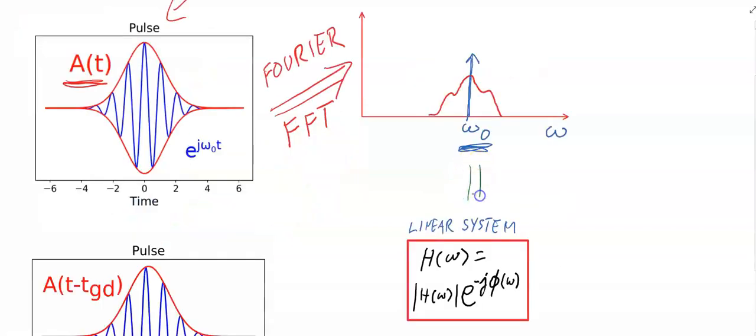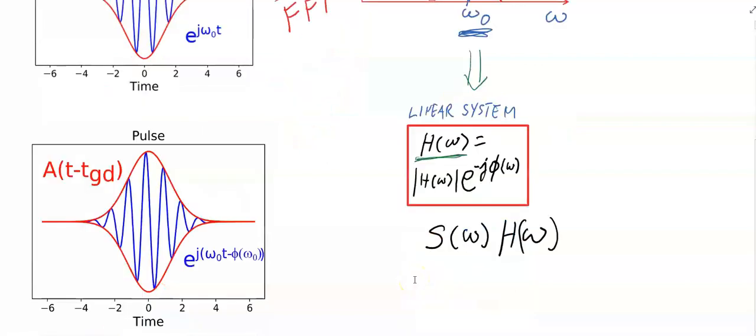This pulse then transmits through a linear system whose transfer function is H(omega). The transfer function can affect both the amplitude and phase of the spectrum.